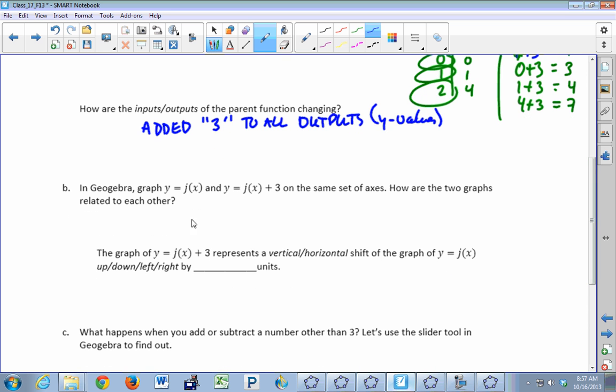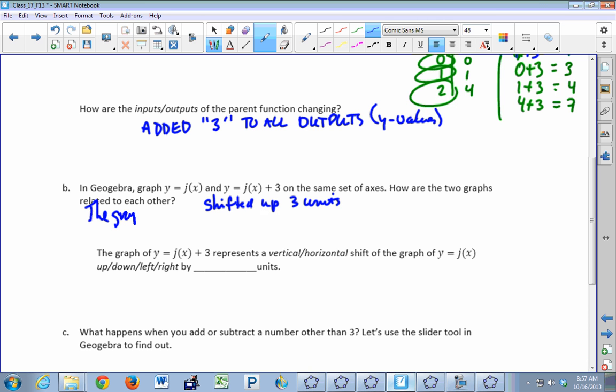So in GeoGebra, we've graphed j of x and j of x plus 3 on the same set of axes. How are the two graphs related to each other? The graph of j of x has been shifted up 3 units, however you want to say it.